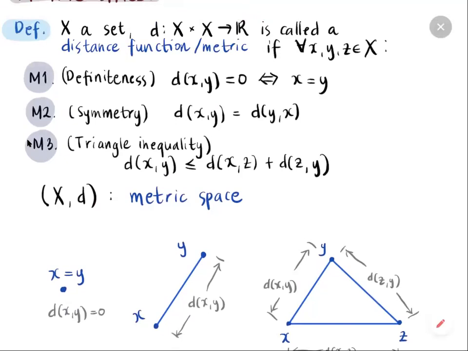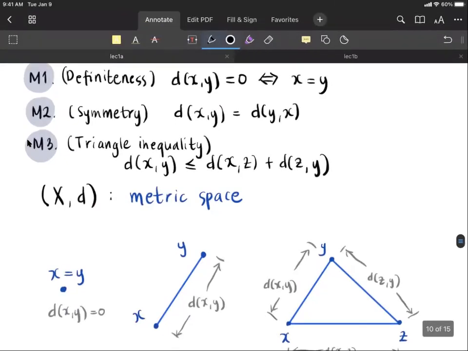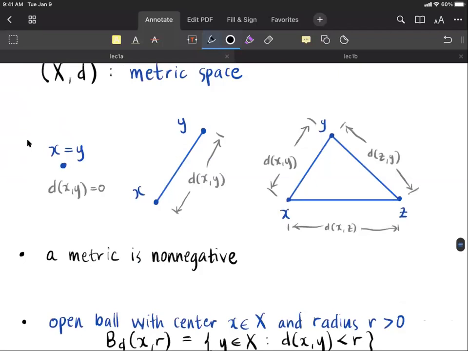Well, to see this, let's start with the fact that the distance between x and itself is 0. Okay. Well, I can go to x if I move from x to y and then go back from y to x. So the first equality is definiteness, and the second inequality is due to the triangle inequality.